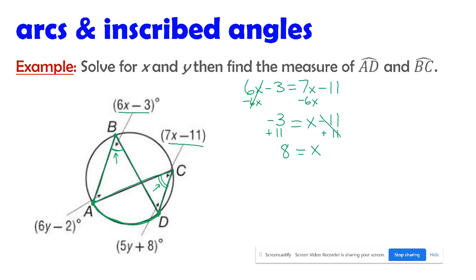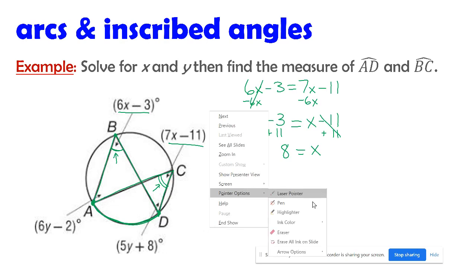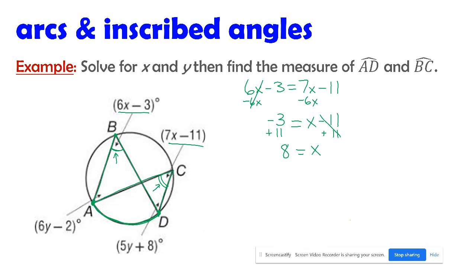All right. Now I'm going to go ahead and find y, and then after we've got y, we'll find these two arcs. So I'm going to change colors again. I have two angles that have a y in them. I've got this angle right here, which is 6y minus 2.